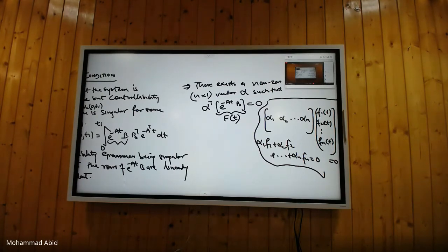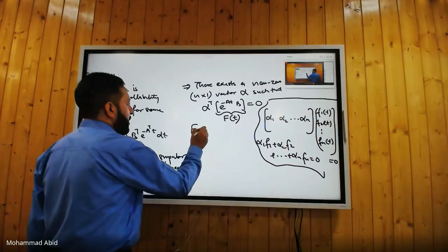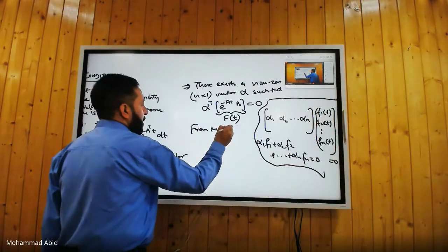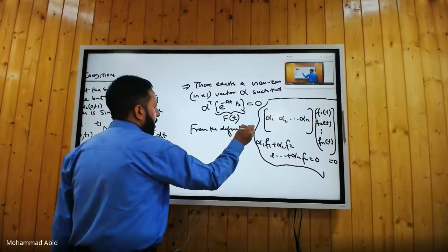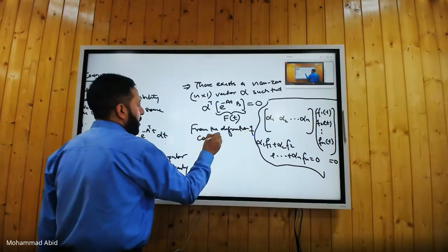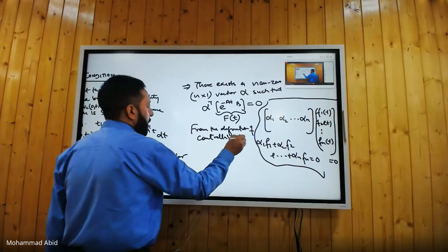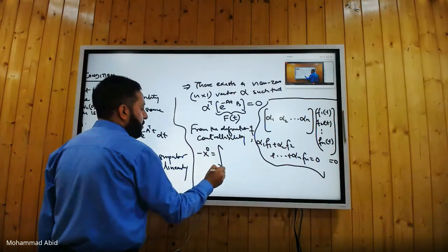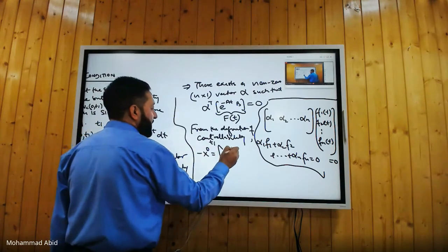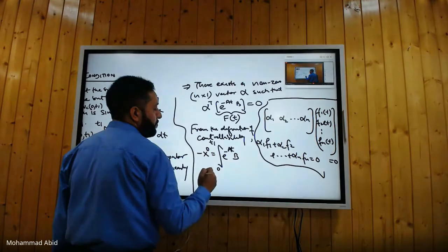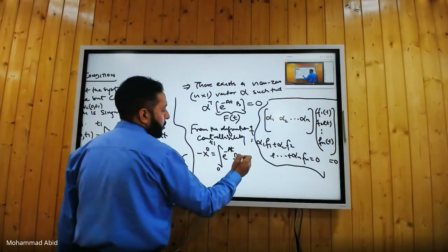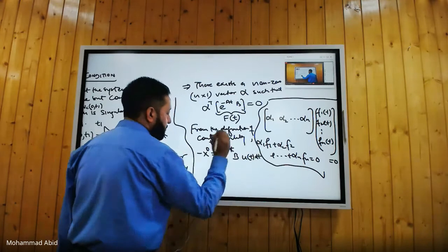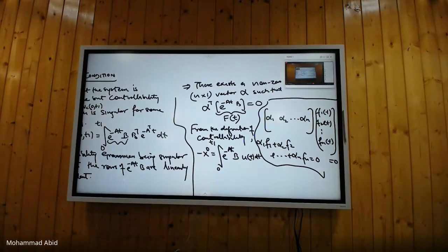So alpha transpose e to the power minus At B equal to 0. Now from the definition of controllability, minus x naught equal to integral of 0 to t1 e to the power minus At B u(t) dt.